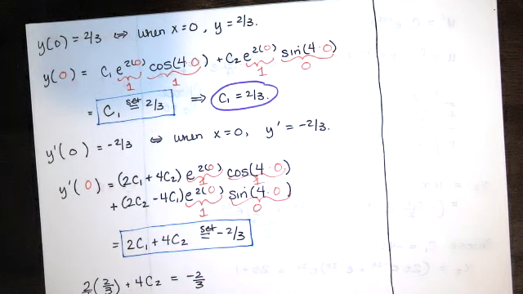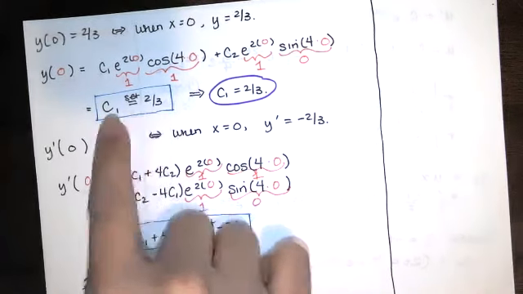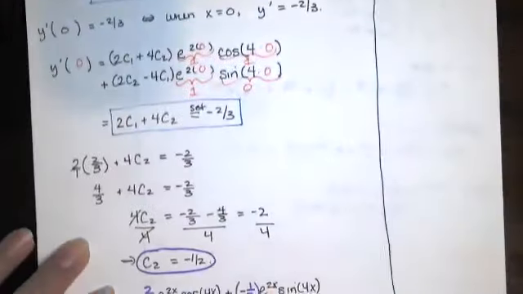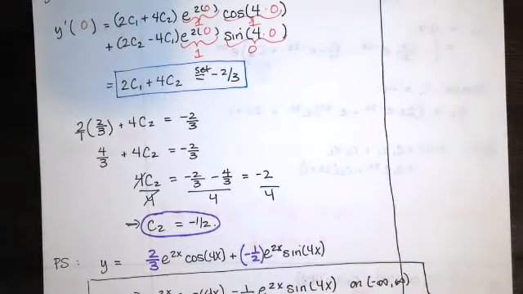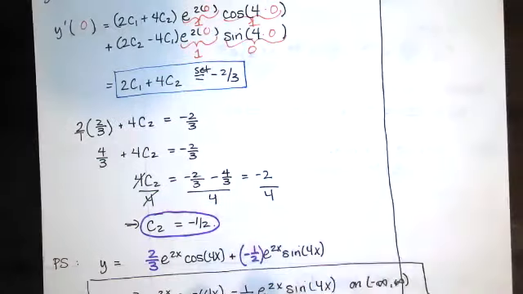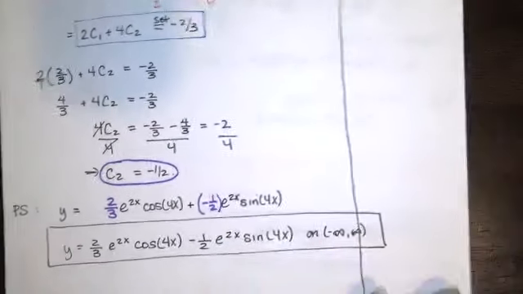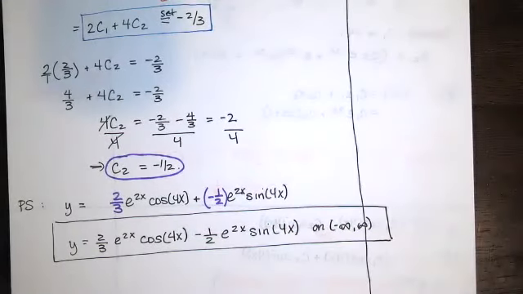That gives you your two equations and two unknowns. Then you solve those by whatever process you want. Since the first equation happened to have only one unknown, we were able to just take that c1, substitute there, and solve for c2. Then once you have c1 and c2, you substitute those into the particular solution, and then you clean it up a little bit. And that's how we do that.